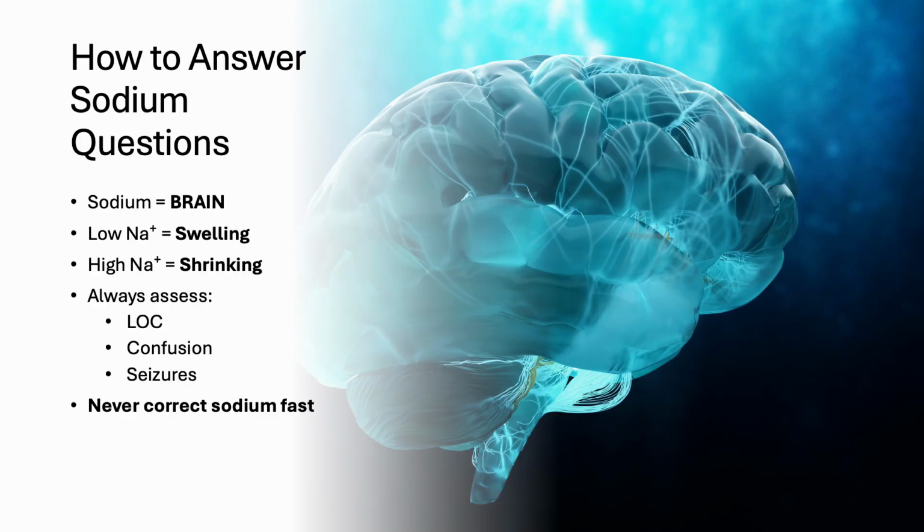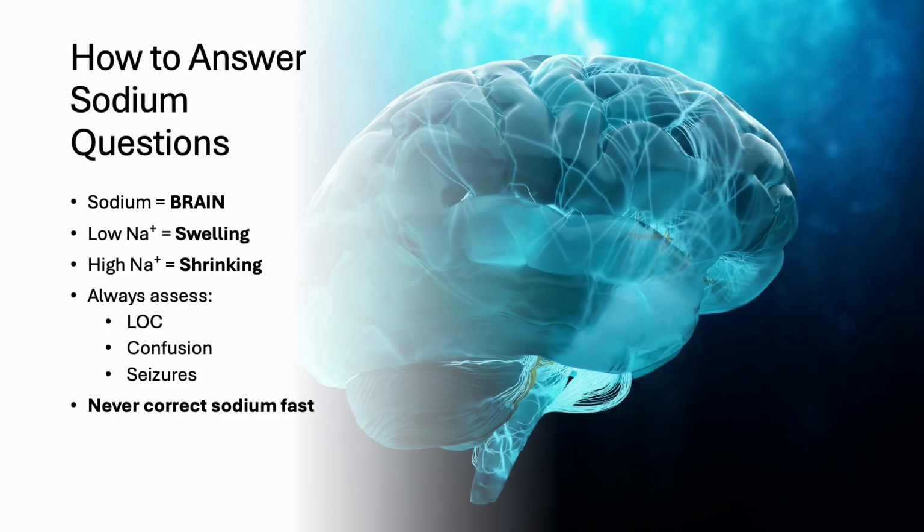So let's wrap this up with some important takeaways. First, when you think of sodium, think of the brain. When you're looking at lab values that relate to low sodium, think that the brain is starting to swell. With high levels of sodium, the brain starts to shrink. Make sure that you are always doing neurological assessments.